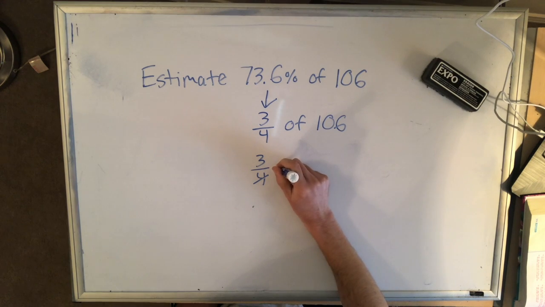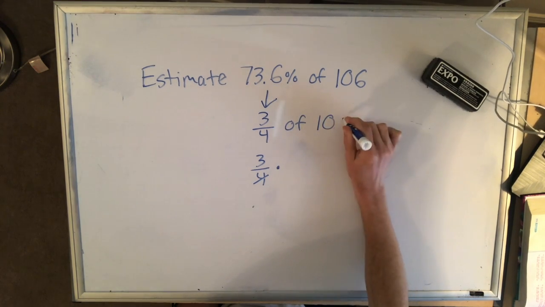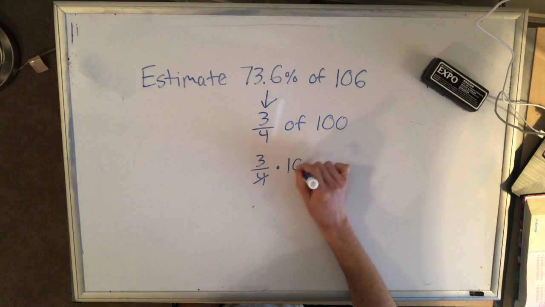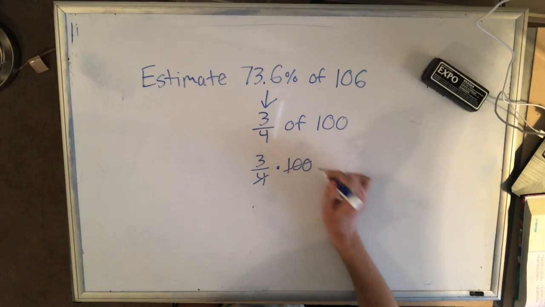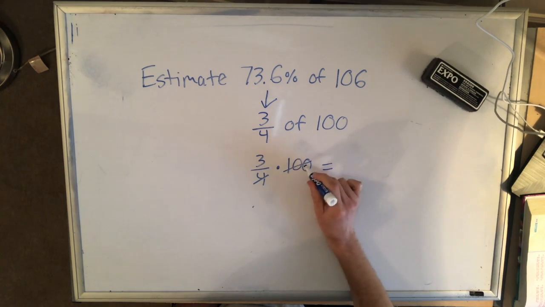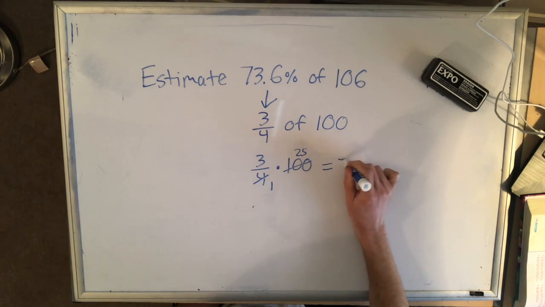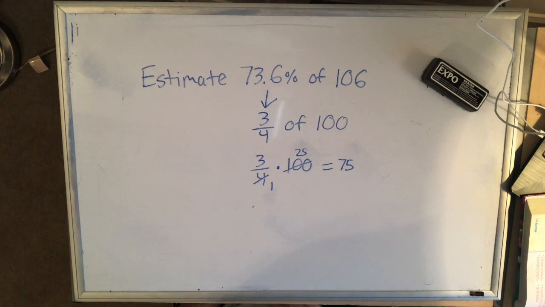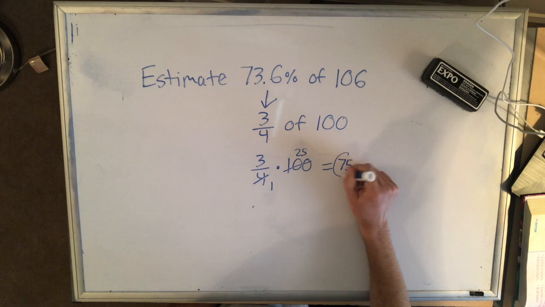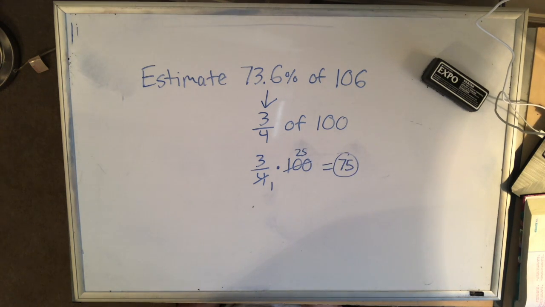So 3/4 of 100, which is 3/4 times 100. 104 can each be divided by 4 to get 1 and 25, and 3 times 25 is 75. So 3/4 of 100 is 75. Therefore, 73.6% of 106 is approximately 75.